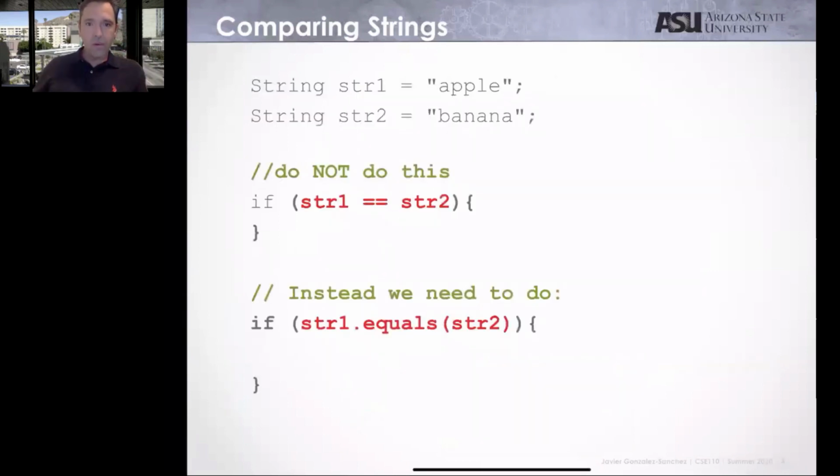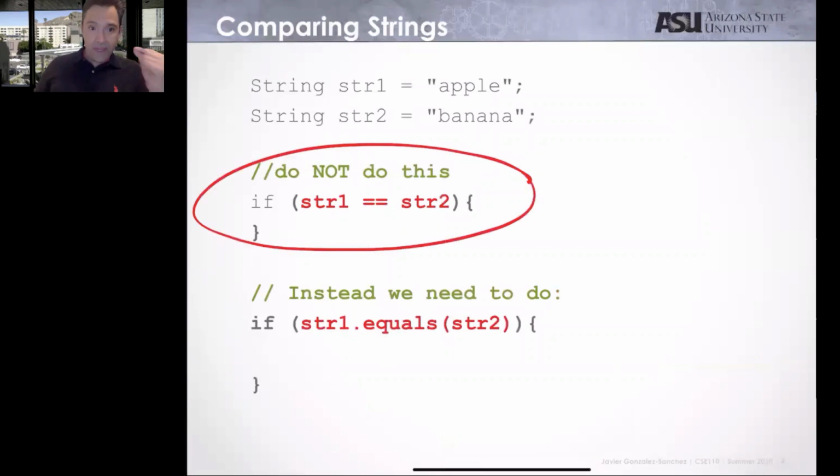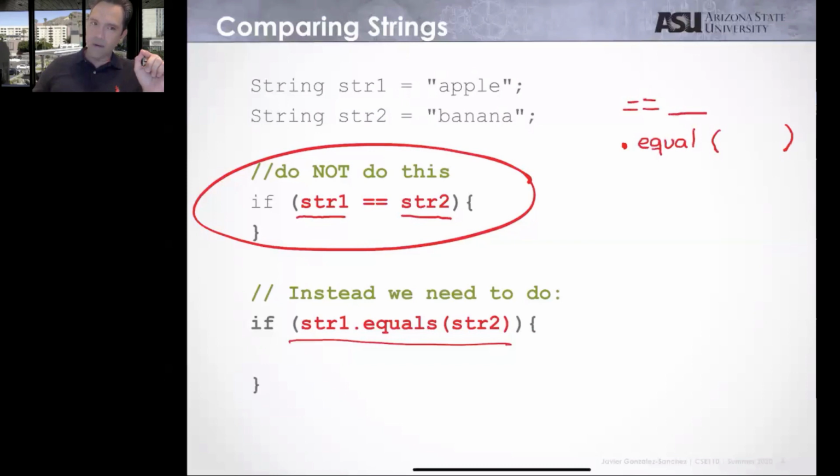What do we do? Well, the equivalent of this for strings is this instruction. The name of the first one, the name of the second one, and instead of the operator equal, what you do is dot equals, parentheses, and whatever is here now is going to be inside of the parentheses.